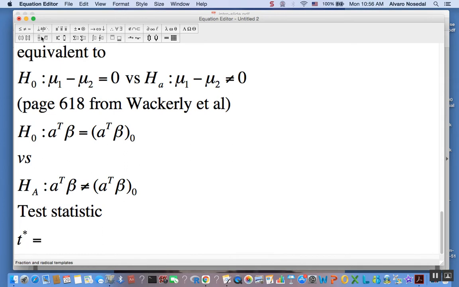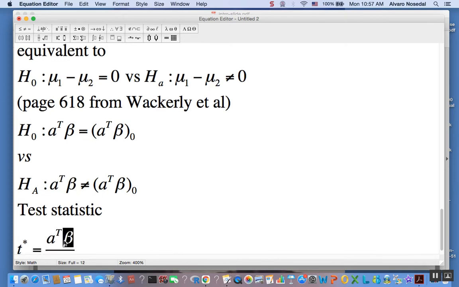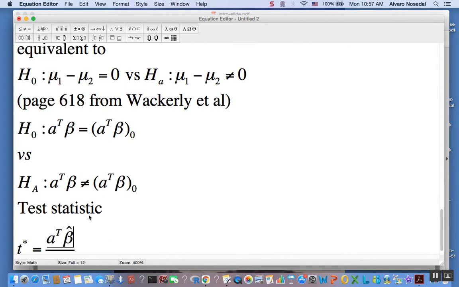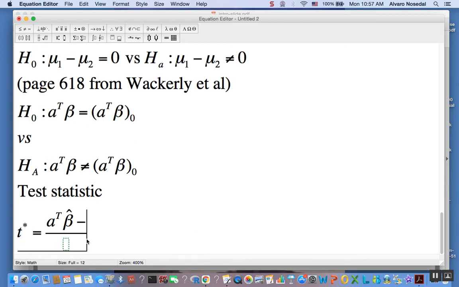It's going to be A transpose beta hat minus the value under the null hypothesis, and then we divide by the standard error.